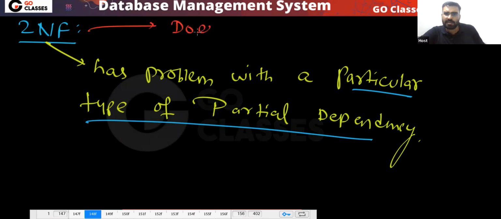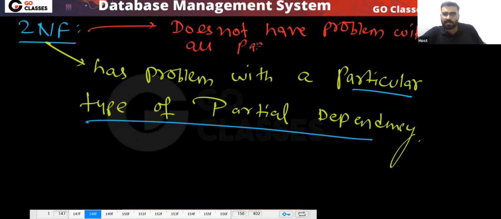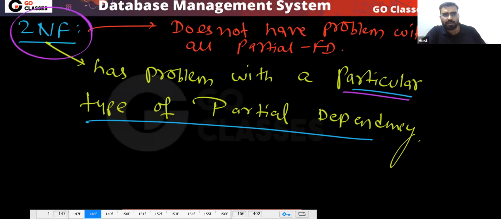Is this clear? Only a specific type of partial dependency is the problem for 2NF.